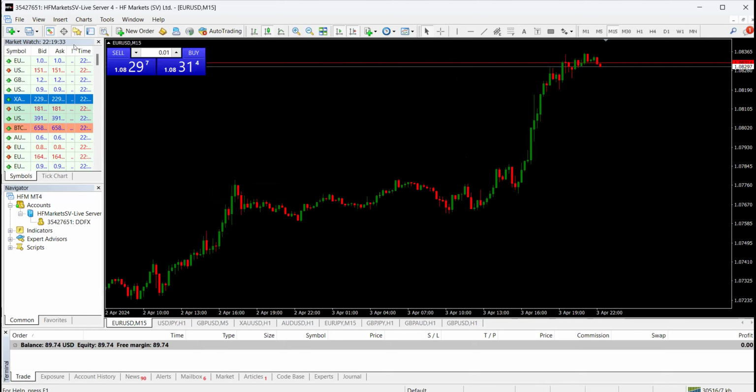Then we have this area, which is the market watch. Okay, so you can see 22, 19, 40. And then we also have the symbols, and then the symbols go with their bid price and ask price. With the bid price and ask price, how much they are willing to sell, how much they are willing to buy, and then the timestamp is also here.